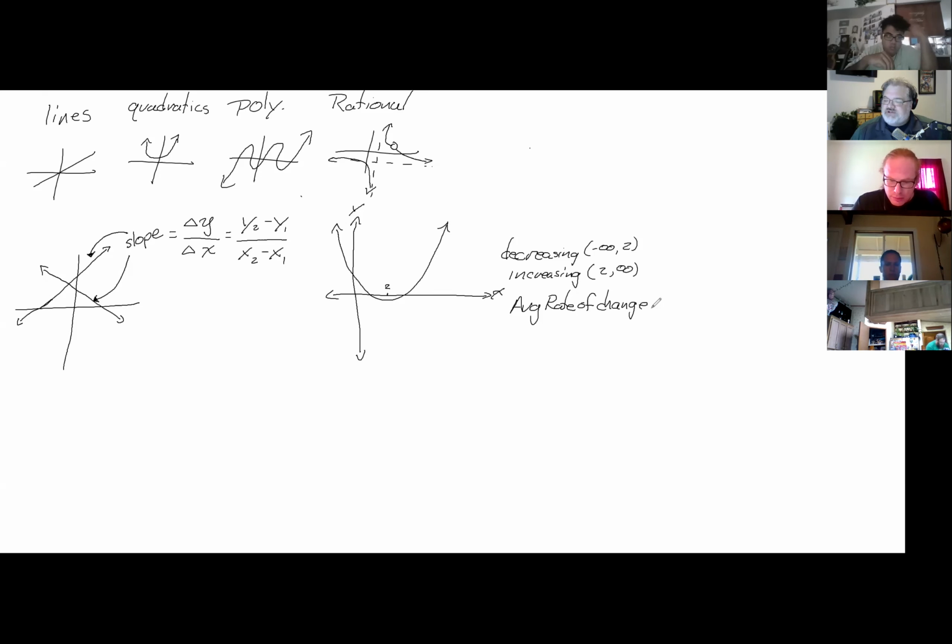Now, average rate of change is still going to be slope, essentially, but since how much this thing is changing depends on where we are along the curve, we're going to be finding an average rate of change on some interval from A to B.